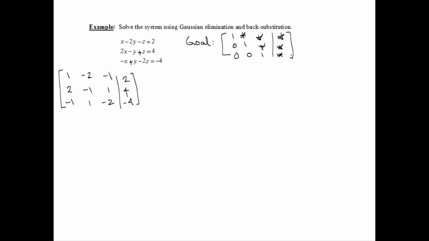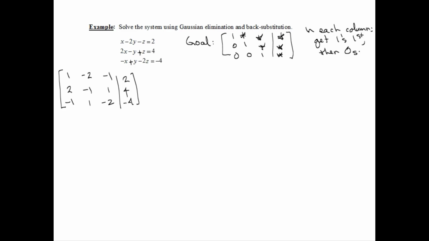Now, the way that you do this is in each column we get the ones first and then the zeros. If you do that, the steps you do later will not undo the steps that you do at the beginning.